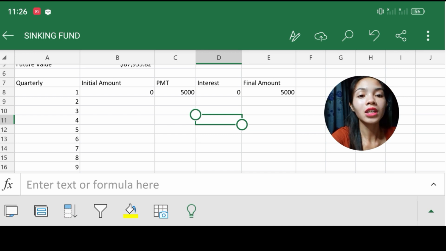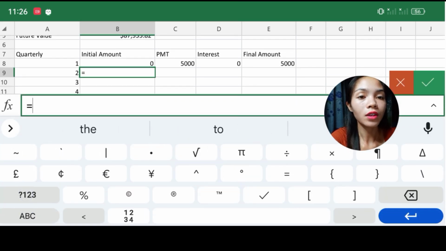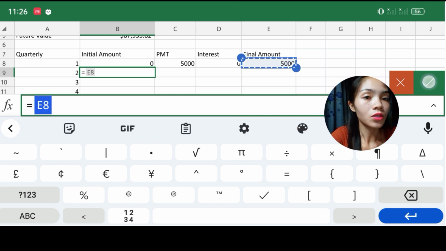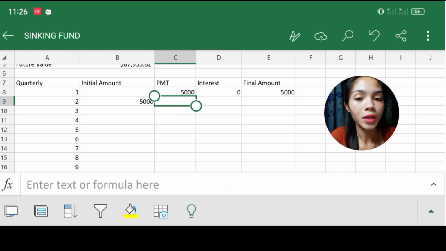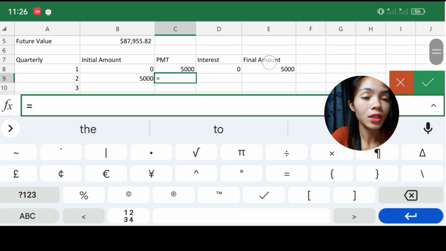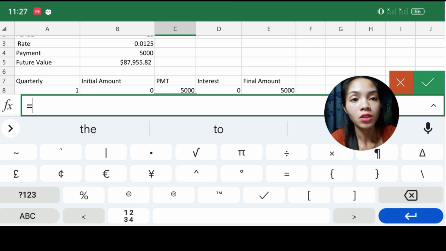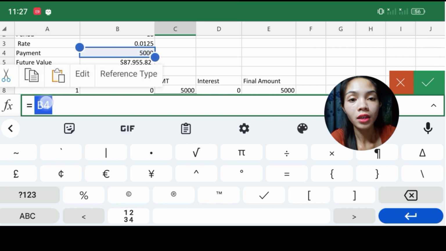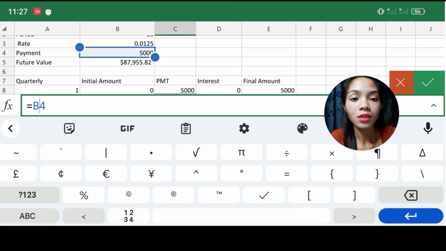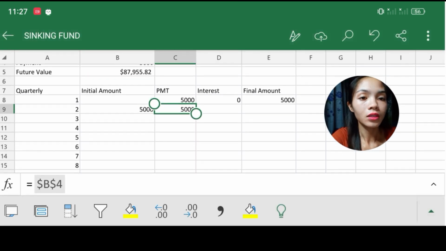Our initial amount now is equal to 5,000. We just copy the final amount. Check. For our PMT, same with the amortization schedule, from the first period to the last period we have the same PMT. Just click this and don't forget to add the dollar sign, since it is the same from the first period until the last. That's it, 5,000.